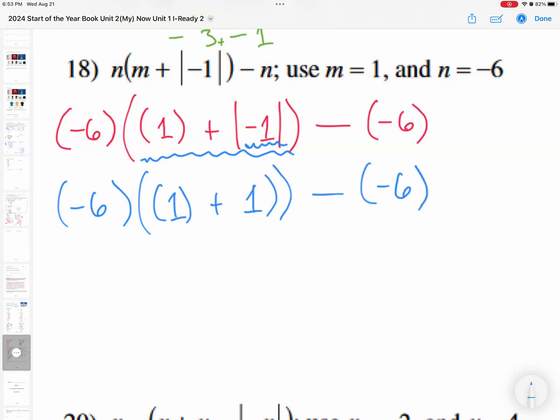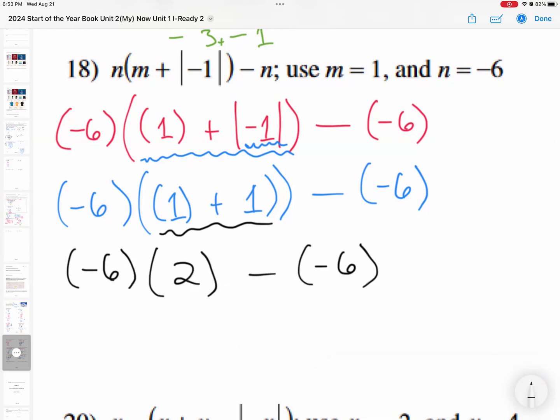Notice I'm just copying everything else I did. And now this is our other grouping, a little bit further out, but we're still focused on that grouping with GEMDAS. So 1 plus 1 is 2. And now we end up with a bunch of multiplication occurring here. So here is a multiplication, also -1 secretly behind the scenes times -6.